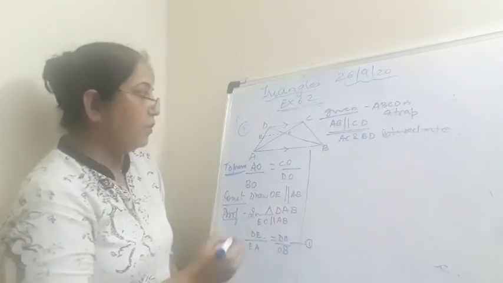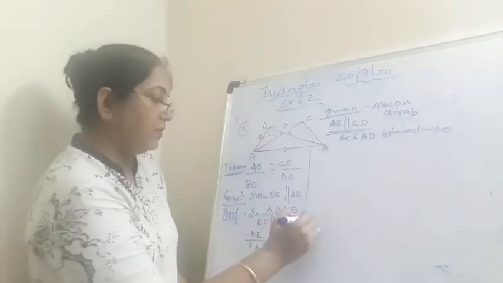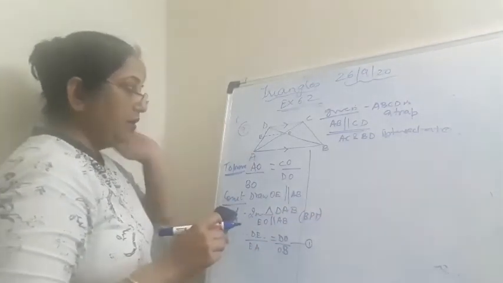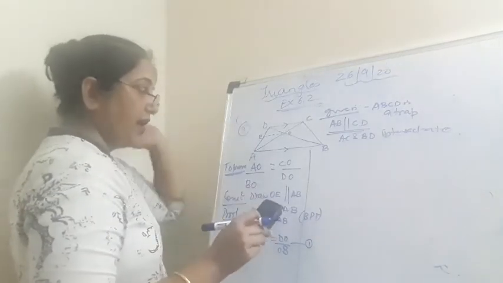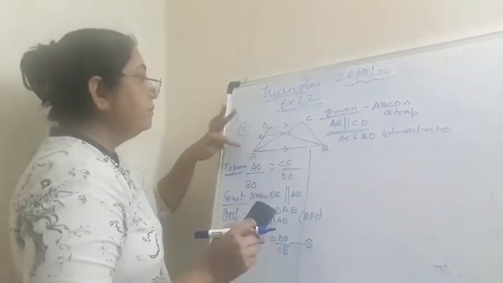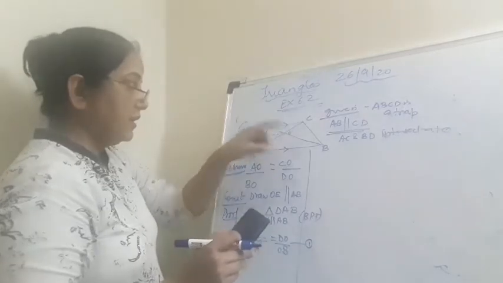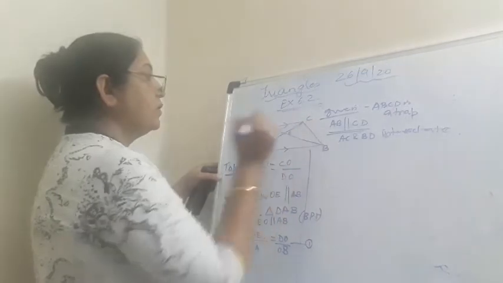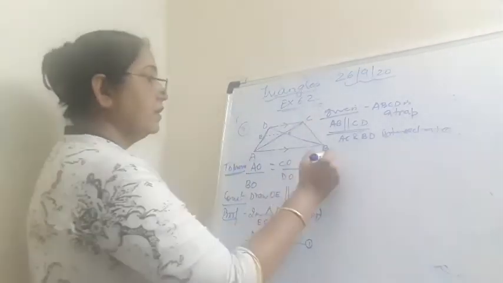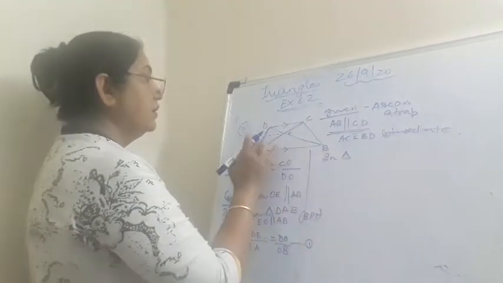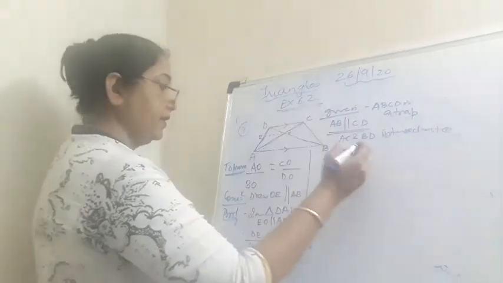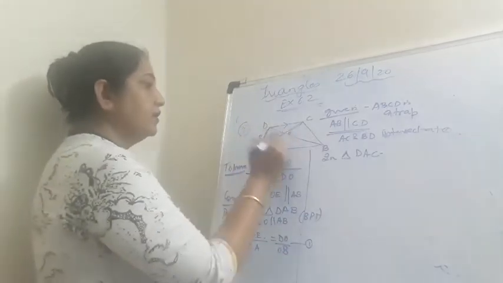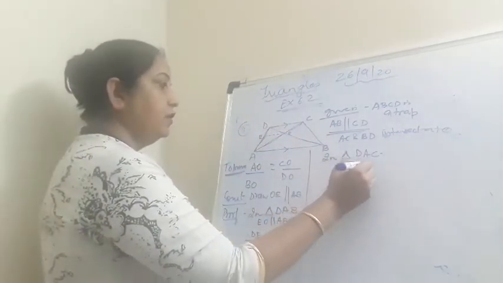This is point number 1, by which theorem? Basic proportionality theorem. Now, the same BPT I can apply for triangle ADC. Okay, when you look at this side, this part, so I can now write in triangle DAC, since OE is parallel to CD.